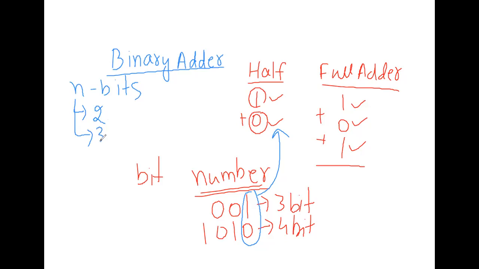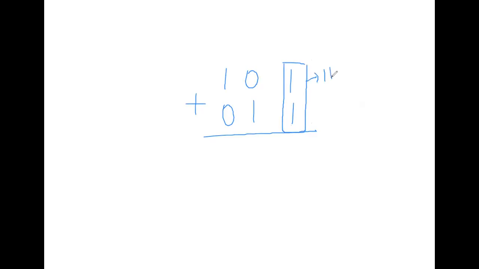Next, another thing I want to say is that in half adder we don't have the provision to add carries. Suppose I write two numbers, 101 and 110, and we want to add them. These can be added with half adder because in half adder we have two inputs, so we add the first bits. 1 plus 1 is equal to 0 with carry 1.